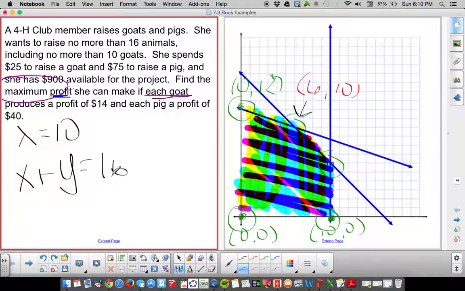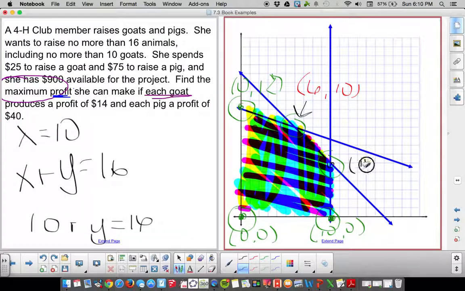So I can substitute 10 in for x and solve for y. So subtract 10 from both sides, and you get y is 6. So I know my point here is 10, 6.